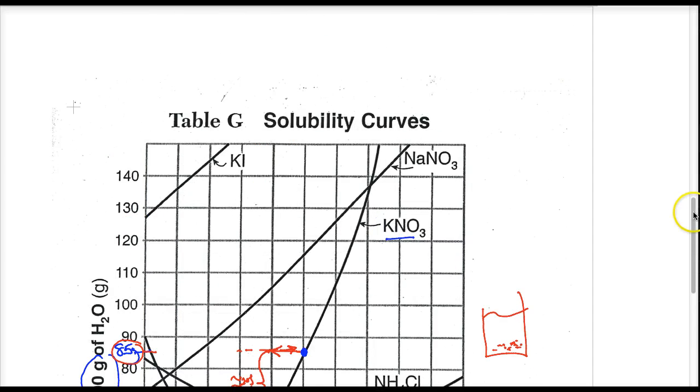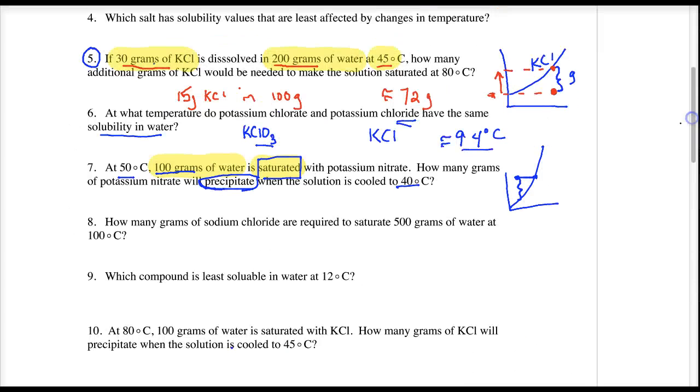These are classic table G problems. So about 20 grams would precipitate, which means they would go from aqueous to a solid, appear, and settle on the bottom. It was in 100 grams of water, so we're safe based on the information from the graph.